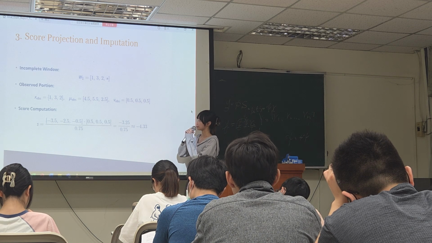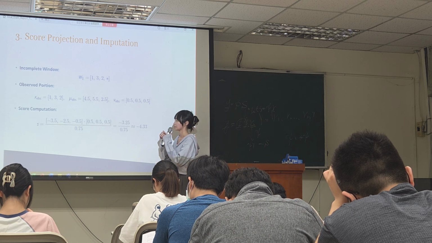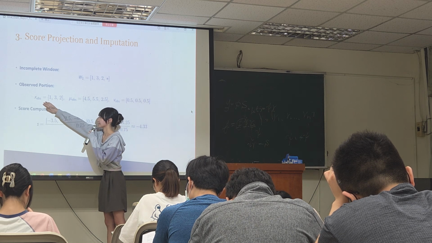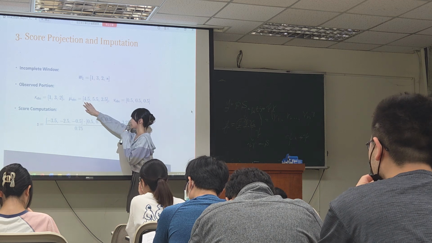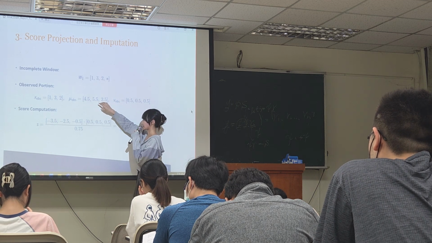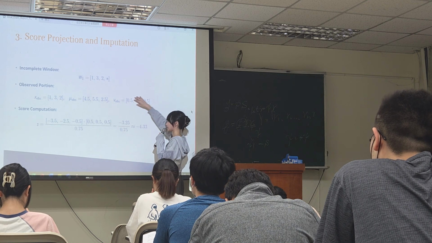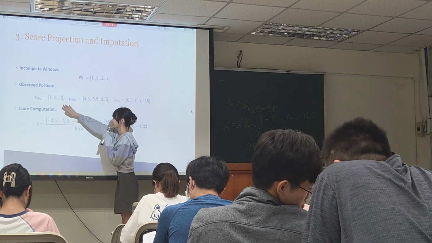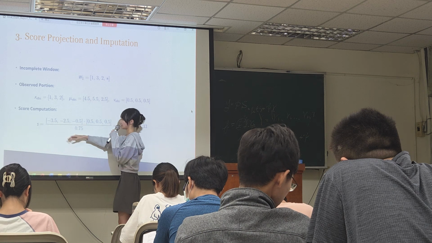The third step is for projection. We have W1, and X sub OBS is from W1. The mu OBS and V OBS matrices are from the previous page. We calculate to get these two, and we can use these three values to do the score computation.